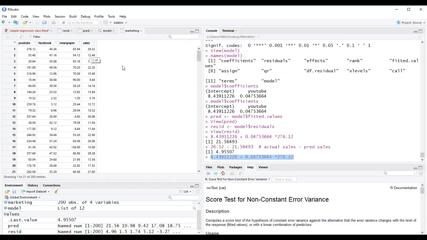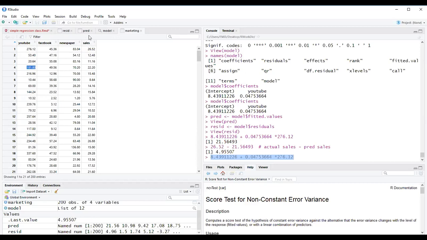Now we have a regression line. What is our regression line? 8.44 plus 0.048 times YouTube. Okay. Based on that equation, we can predict sales. How do we predict sales? We use all the YouTube values, those actual YouTube values, and replace them in the model.